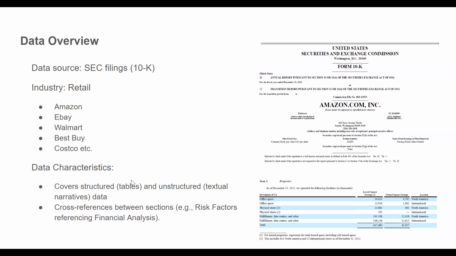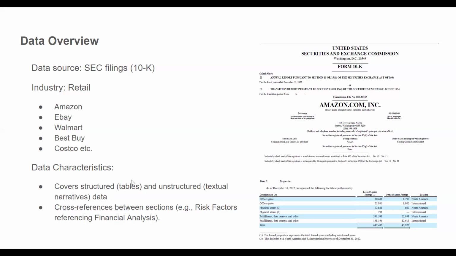And the data is kind of a combination of structured and unstructured formats. The structured data include tables and numerical figures, like revenue, profit, and expenses. At the same time, the unstructured data has textual data, like the management discussions, risk factors, and the future outlooks.